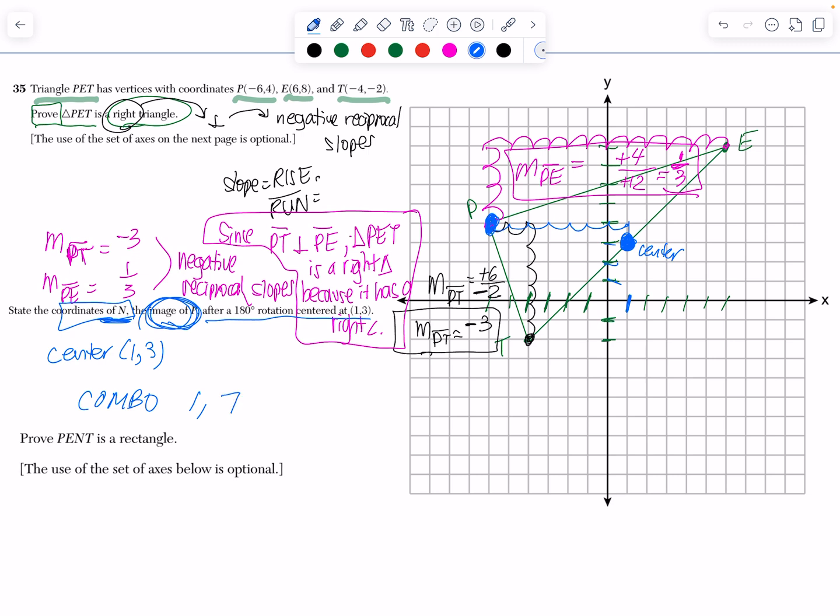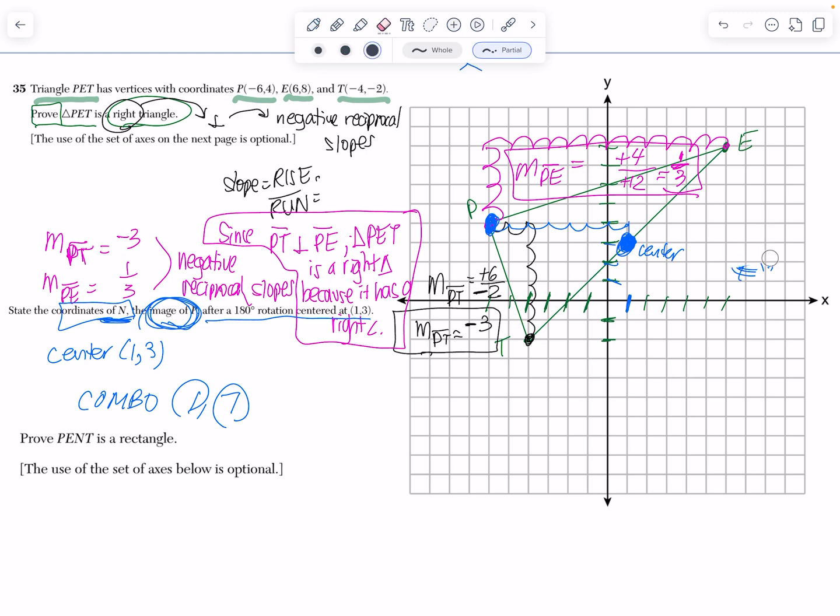If you notice, I didn't even pay attention to the signs. I just said it's a combination of 1, 7, or 7, 1. So somehow using this combination of numbers from the center, I've got to get to N, which is the image of P. And remember, I predicted it's somewhere on this side here.